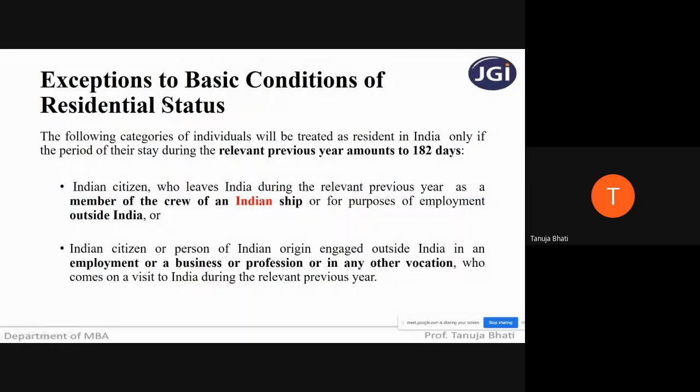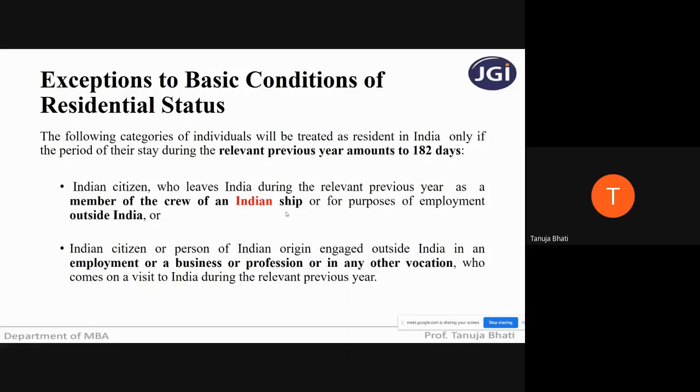Next is exceptions to the basic conditions of residential status. See students, we know that there are certain exceptions to the basic conditions. Like we have 2 basic conditions. Out of that, the second basic condition will not apply to whom? It will not apply to a member of a crew of an Indian ship or a person who is leaving India for employment reasons.